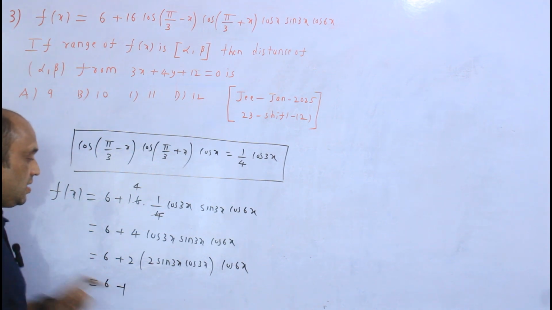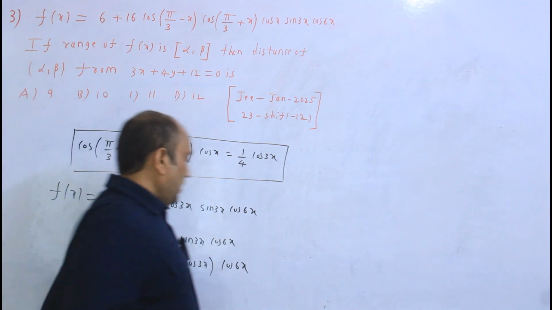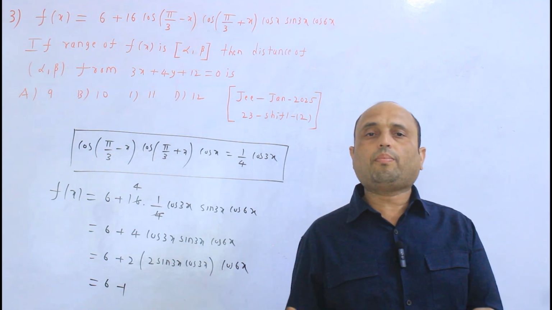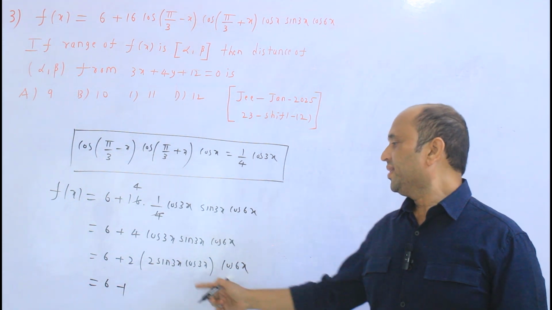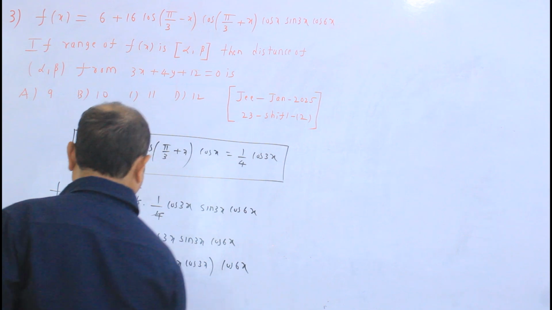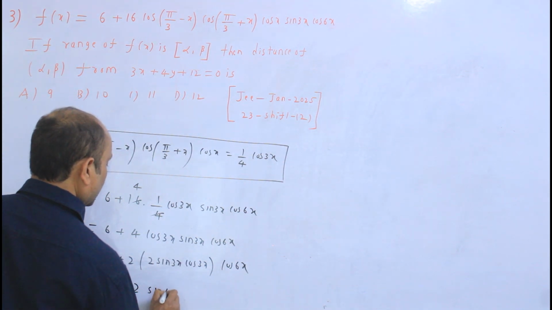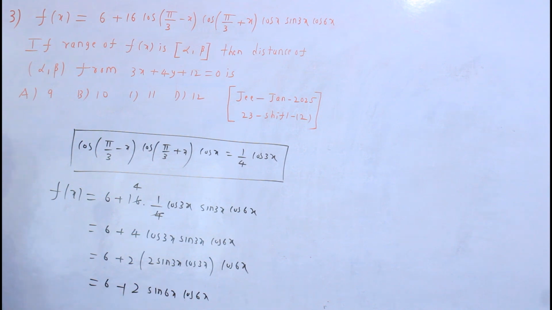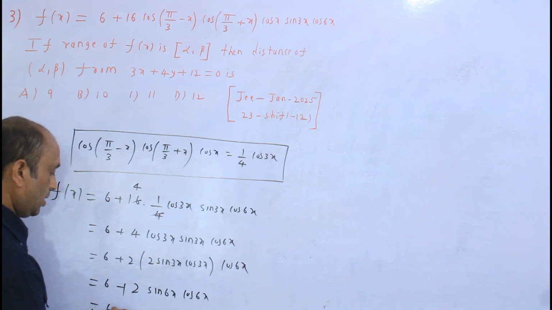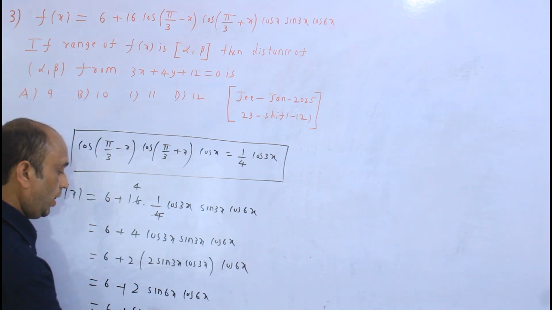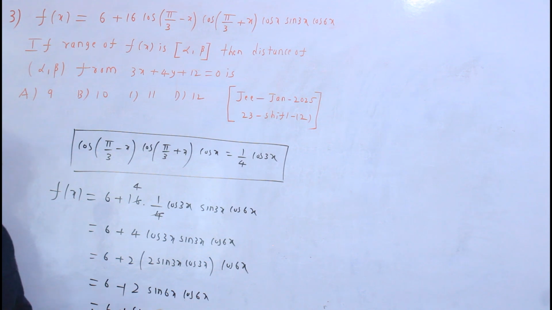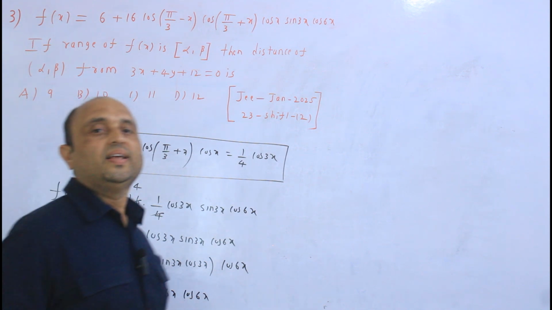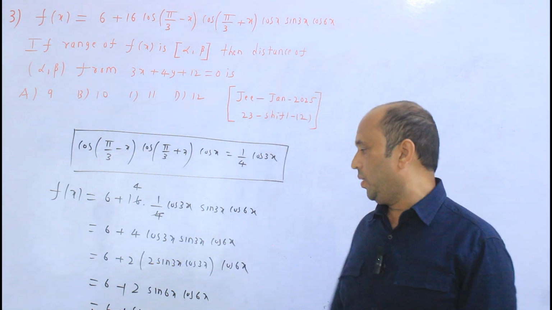This is in the form of 2 sin a cos a, and the 2 sin a cos a formula we already know is sin 2a. So this gives 2 of sin 6x cos 6x. Again this is in the form of 2 sin a cos a, that is sin 2a, sin 2 of 6x. So that is sin 12x.